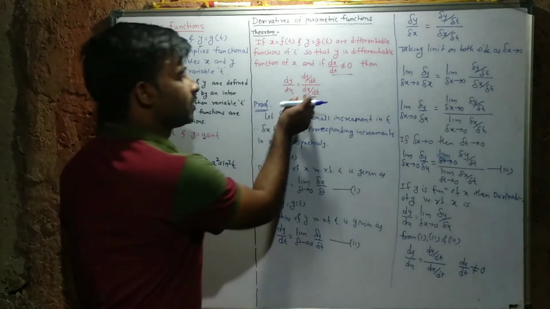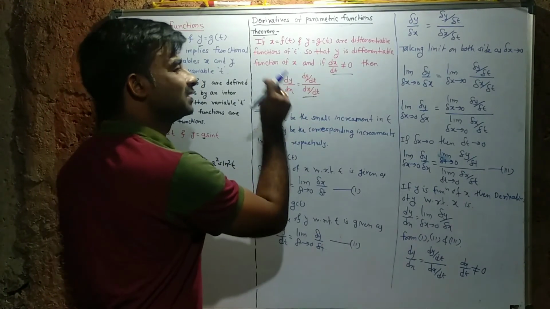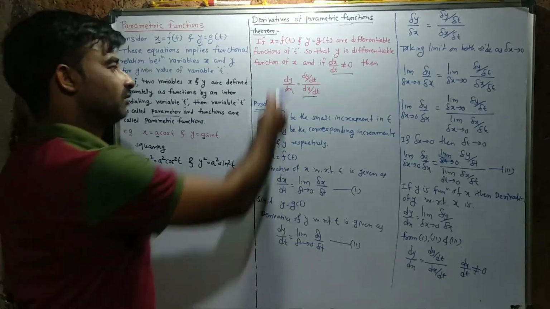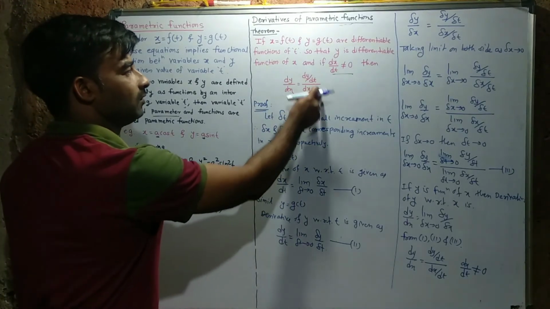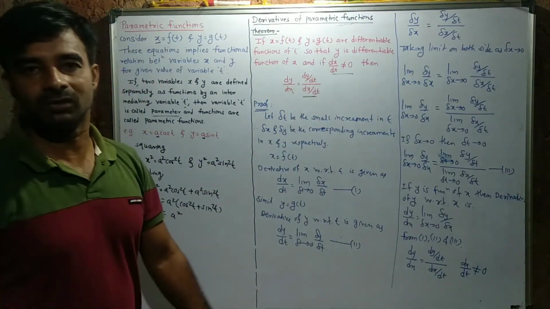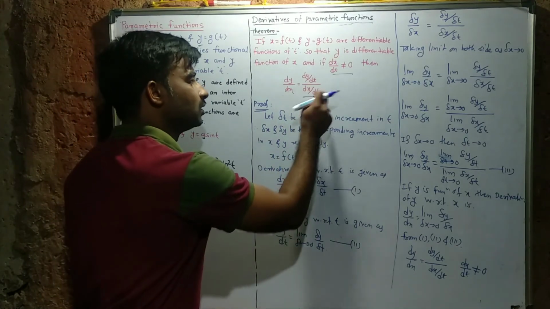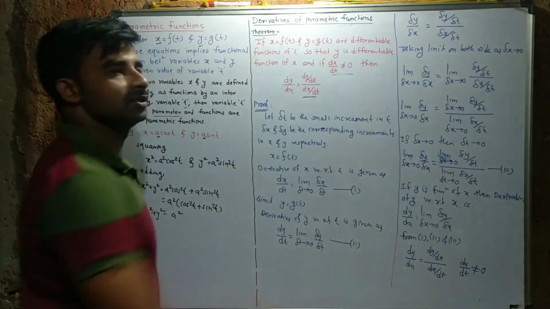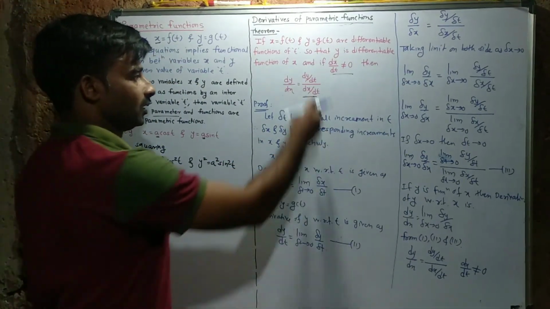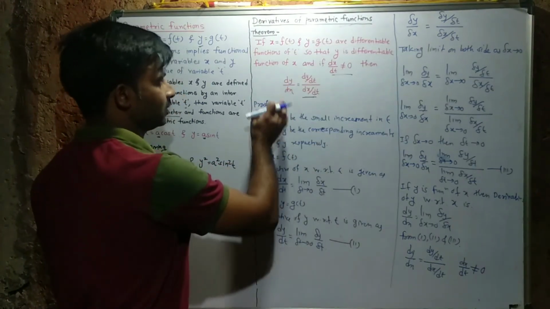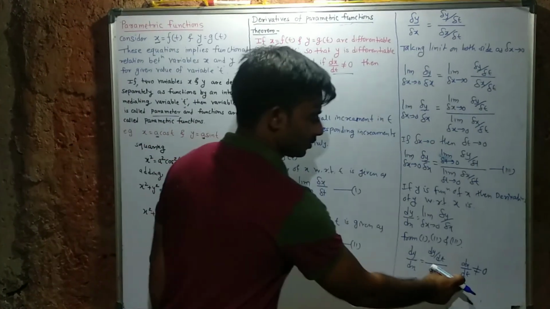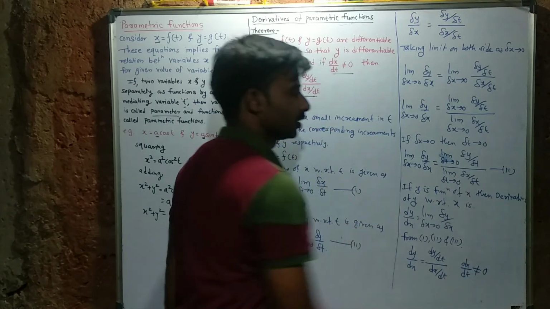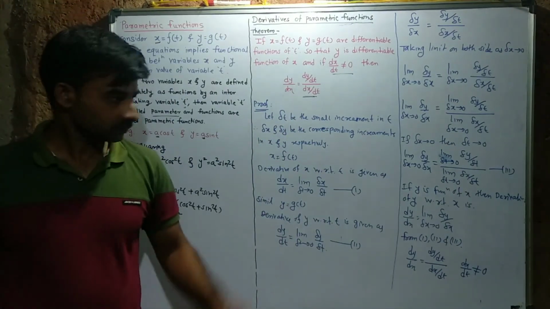If dy by dx exists, then dx by dt is not equal to 0, because if dx by dt becomes 0, the right hand side does not exist or has no meaning.